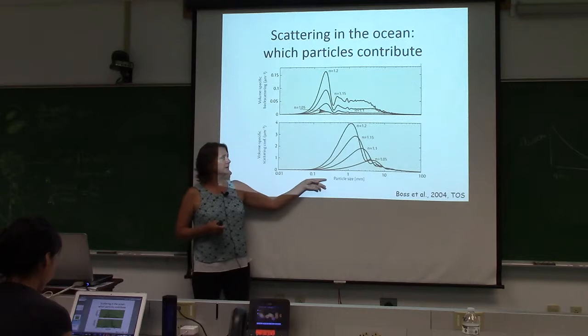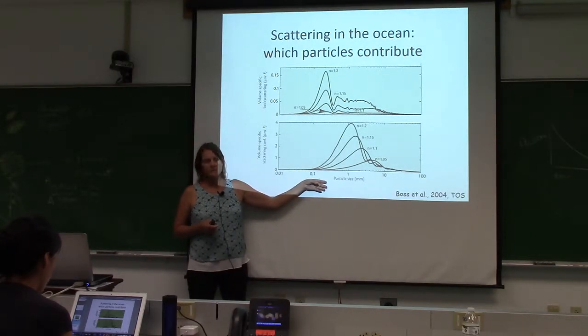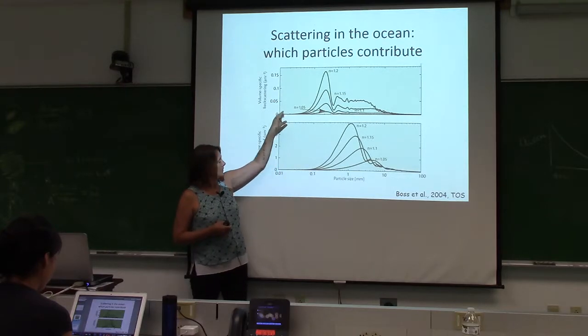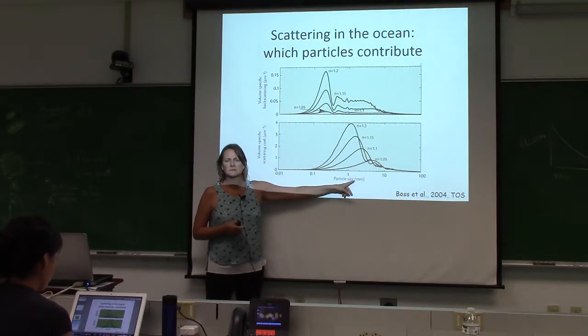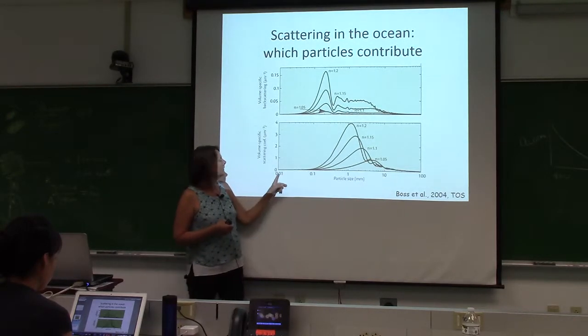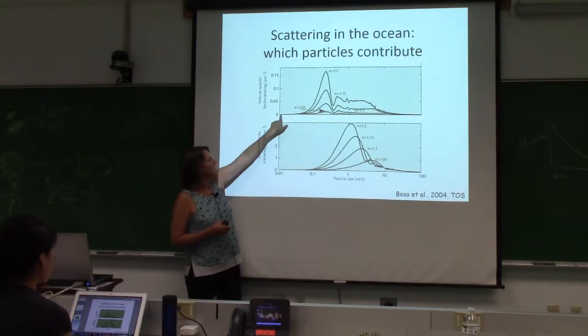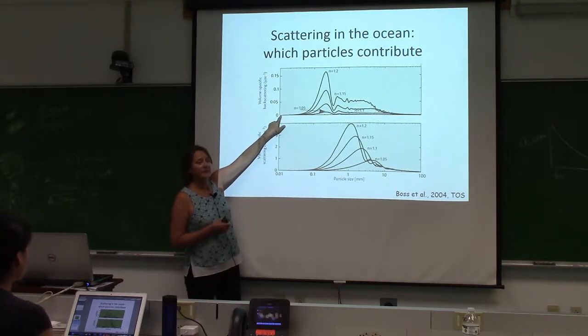So here's the scale down here. So these are 0.01 millimeter particles, or these are microns. Or these must be microns. Yeah, okay. 0.01, do they contribute a lot to backscattering?